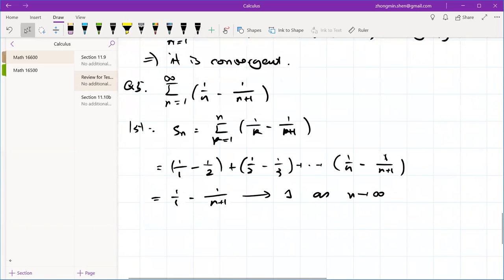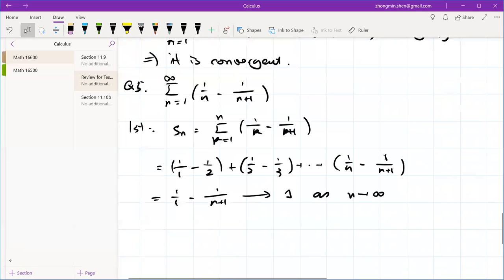So this is the original definition of convergence for a series. We don't use the tests. Those tests we already proved, but we use the original definition. It's like a formula. The original definition says that the series is convergent if and only if the sum of the first n terms, called the partial sum, converges to a number.